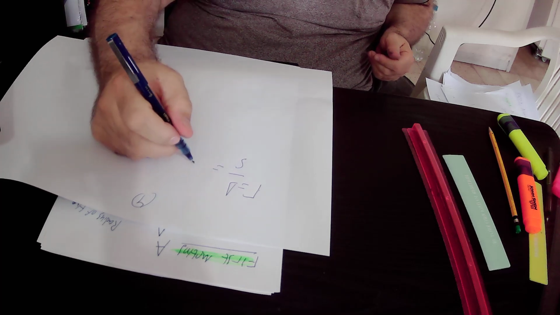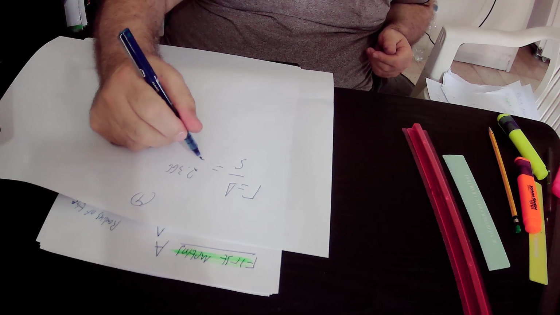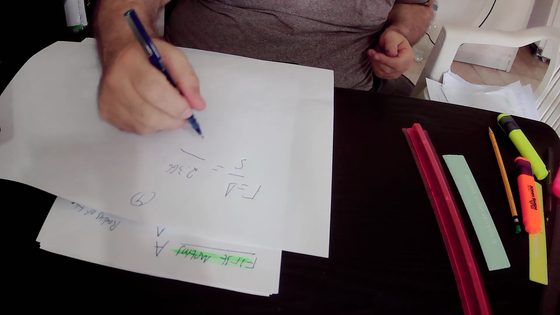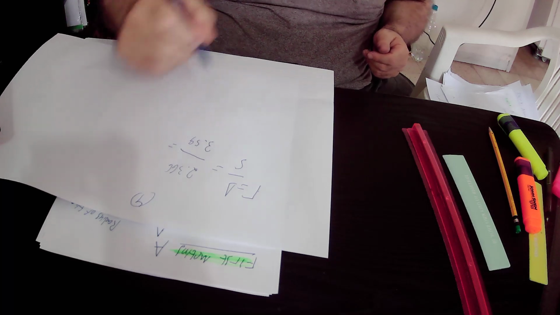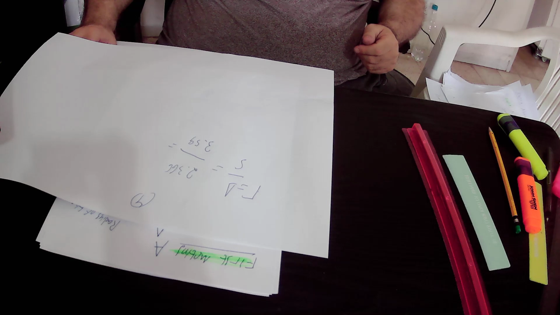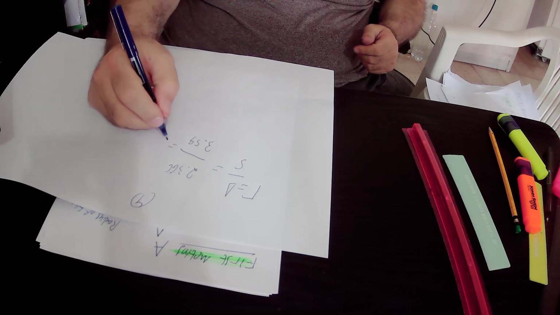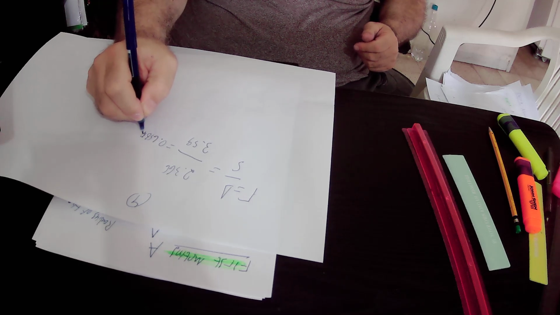The area of triangle ABC is equal to 2.366 square units, and we just found out that the semi-perimeter of triangle ABC equals 3.59 units, and we divide those two numbers by each other and we get that the R equals 0.6589 units.